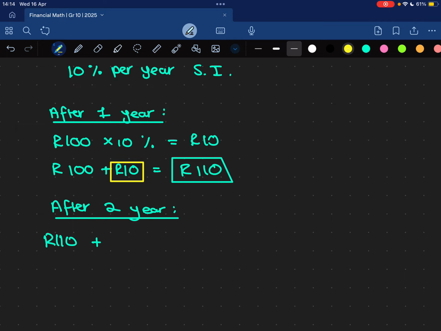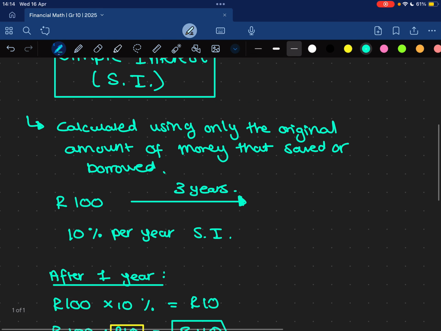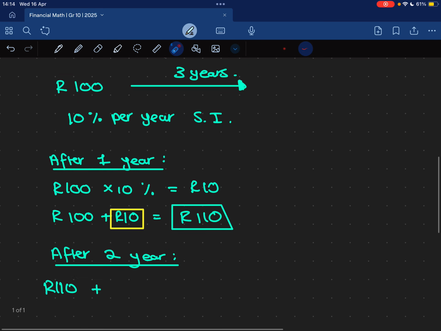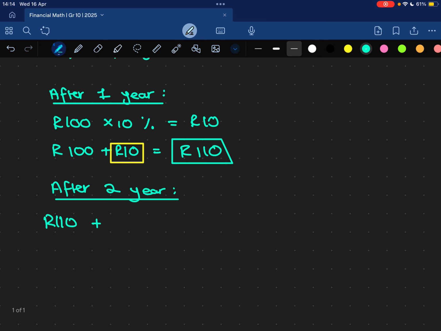But because it's simple interest, I'm still going to keep using that 10 Rand because remember it said it's interest calculated using the original amount. So the interest after 2 years is still going to be 100 times 10%, which is going to be 10. So we add that and we get 120.